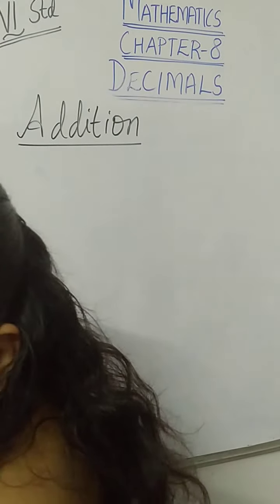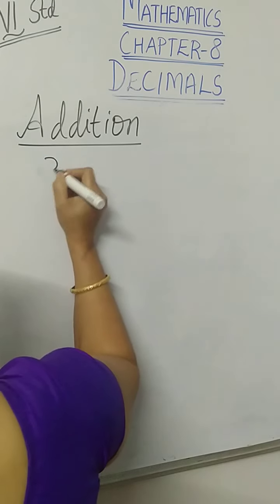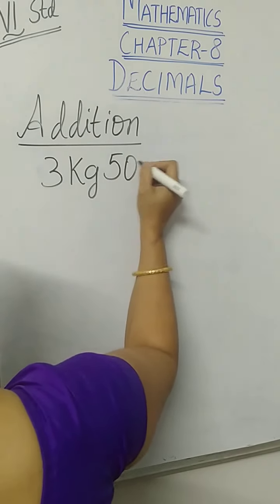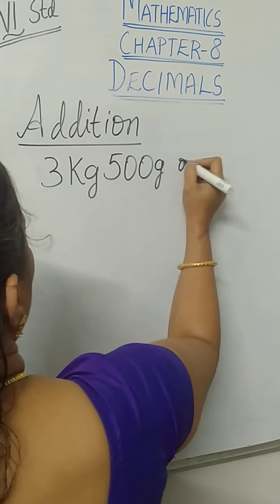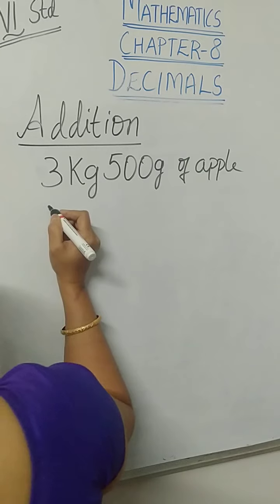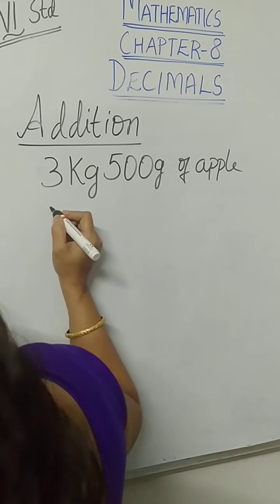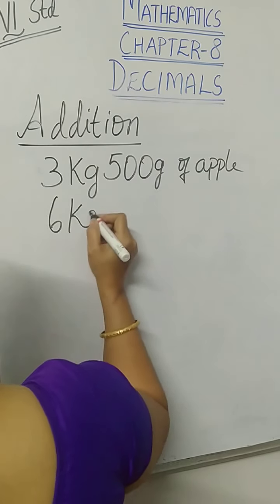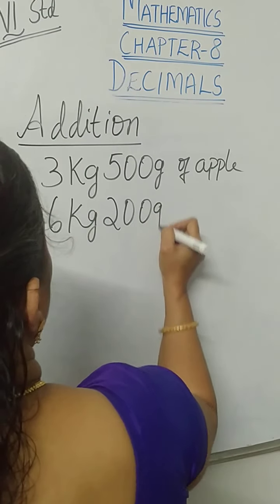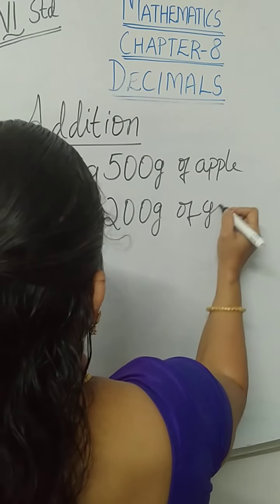Rahul bought 3 kg and 500 grams of apple. Then he bought 6 kgs and 200 grams of grapes.